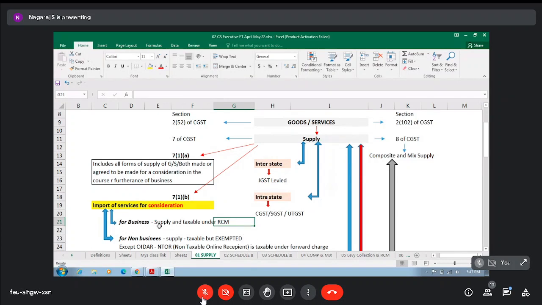RCM means what? Reverse Charge Mechanism. That means the person who receives the service, the recipient, has to make the payment.